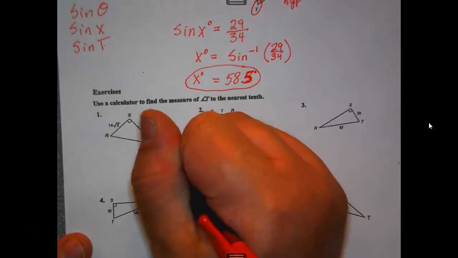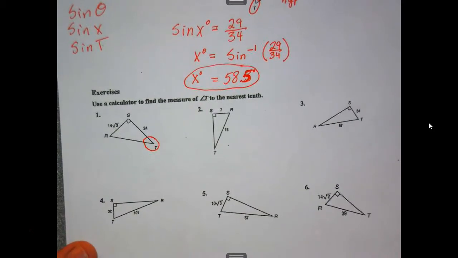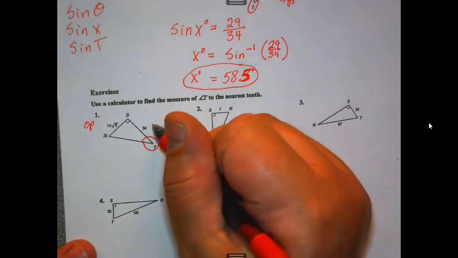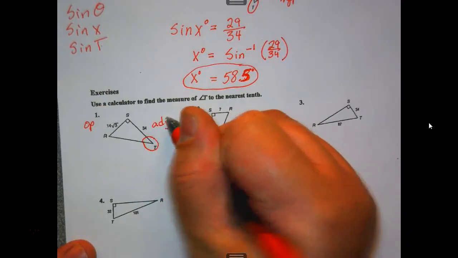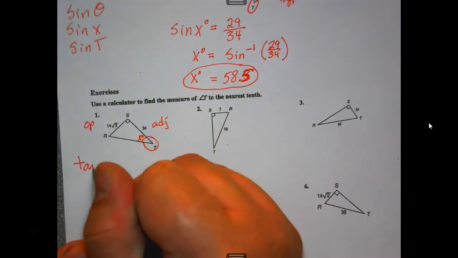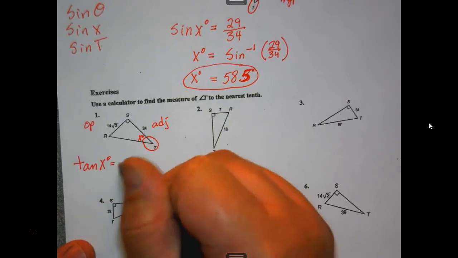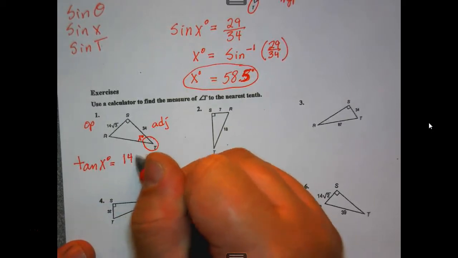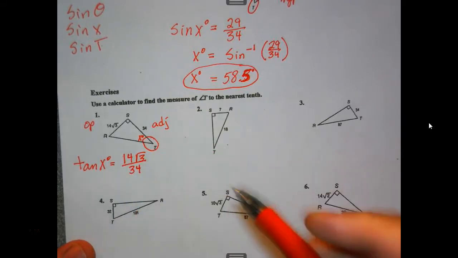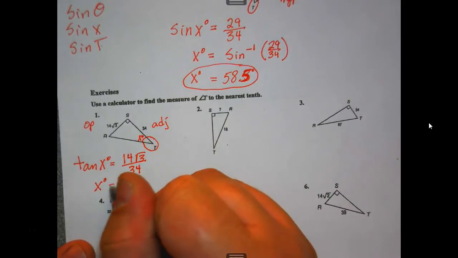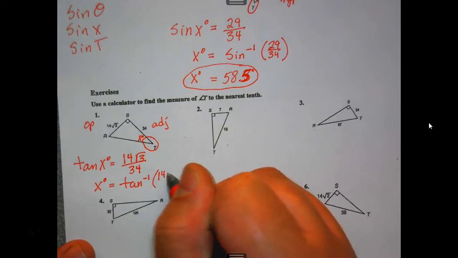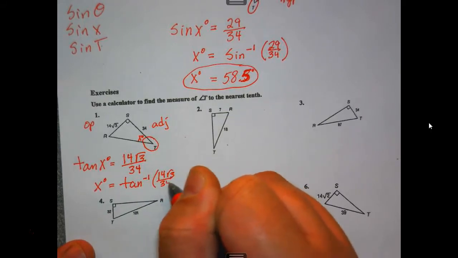From the viewpoint of angle T, this is going to be our opposite and adjacent. I'm going to use tangent. If I call this x degrees, it is opposite over adjacent. So x degrees equals tangent inverse of 14 radical 3 over 34.